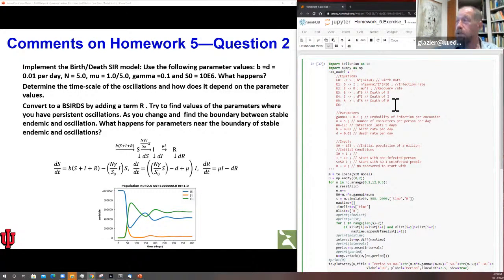But it's possible the way these equations were written doesn't work. So if I want my resistant to go back to being susceptible, I have to write R goes to S. And there has to be some rate, and that would be recovery or something like that. Or it'd be loss of immunity. Let's call it loss. And that would be times R.